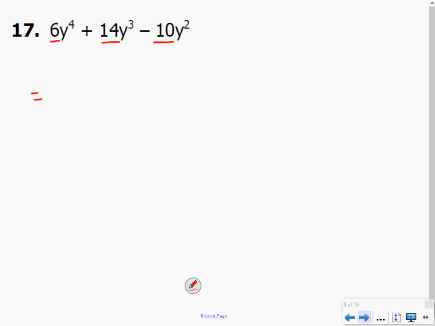All 6, 14, and 10 are divisible by 2, and that's the biggest number that they're divisible by. Now, each of these terms also has a power of y. Remember, we can only factor out the smallest power, so y squared. Now, we go back and we divide each of these 3 terms by 2y squared. So we get 3y squared plus 7y minus 5.